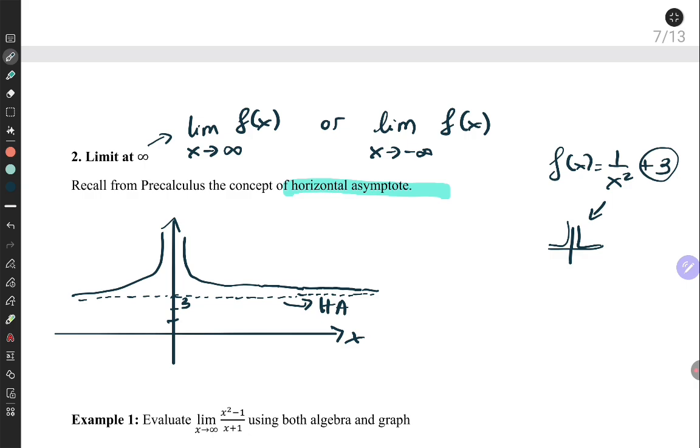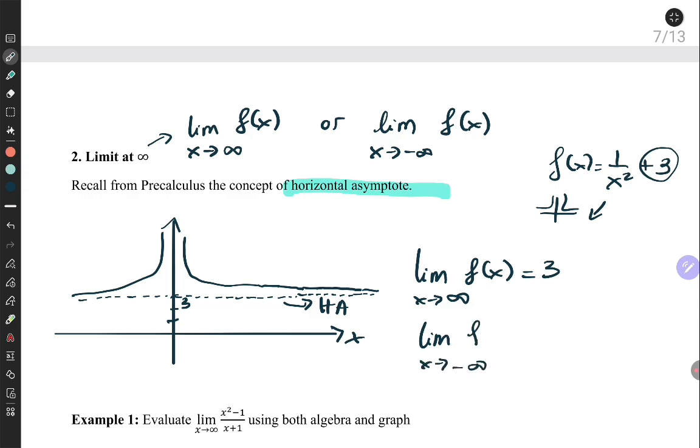So the limit when x approaches positive infinity of this function is 3. Going the other direction, I also have 3, because this tail is like that, and this tail is like this. Any questions?